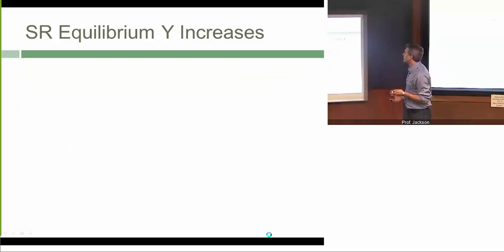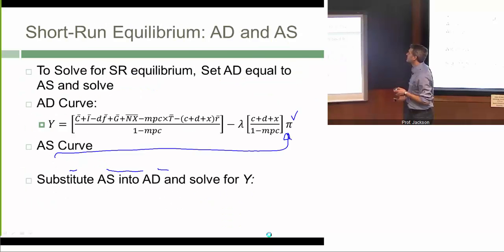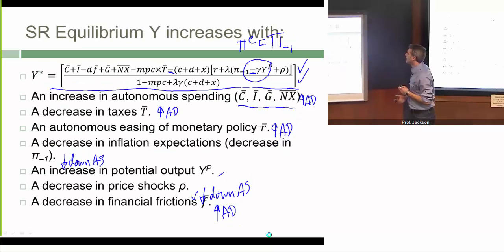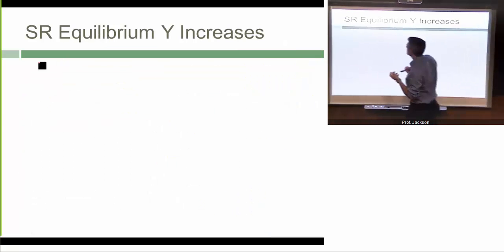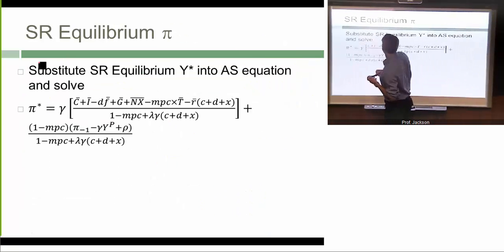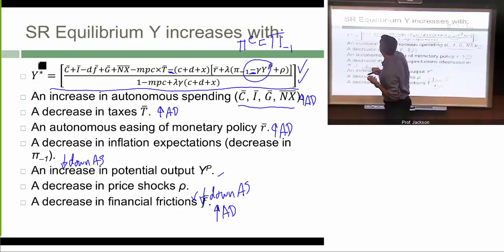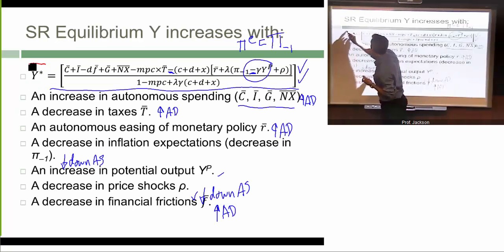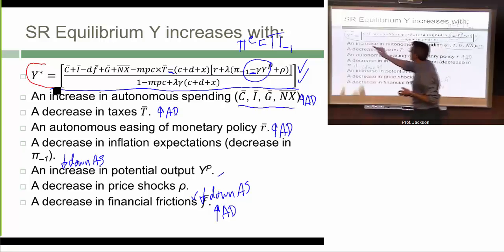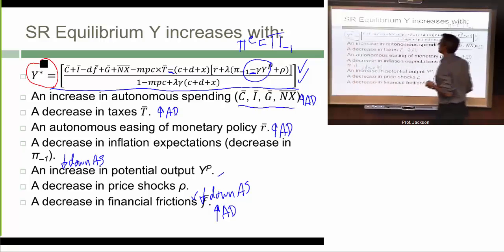So from the previous slide, we have our equilibrium level of output in the short run, Y star.